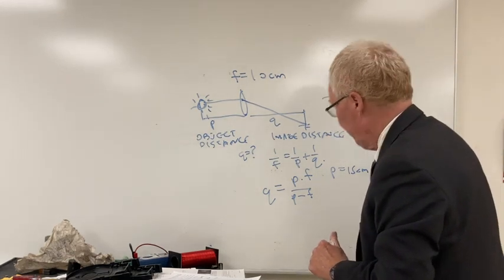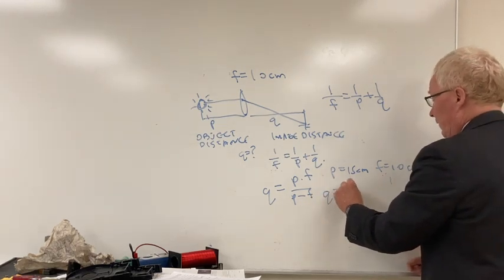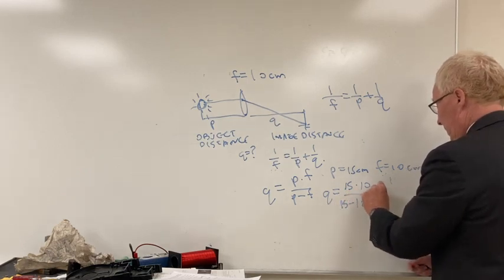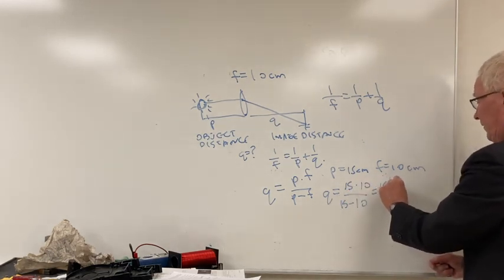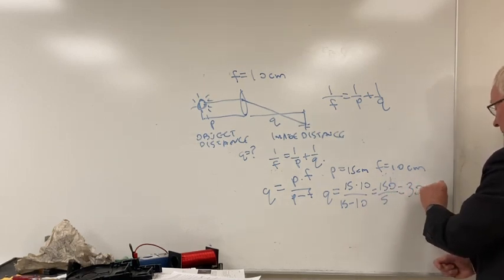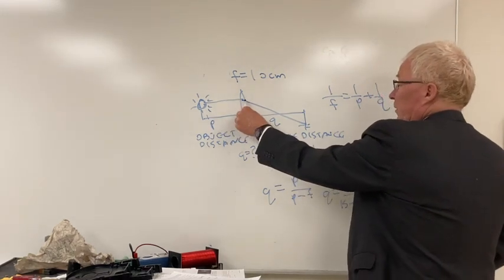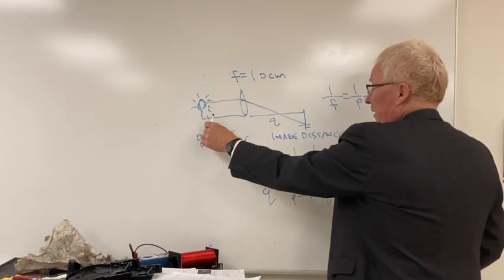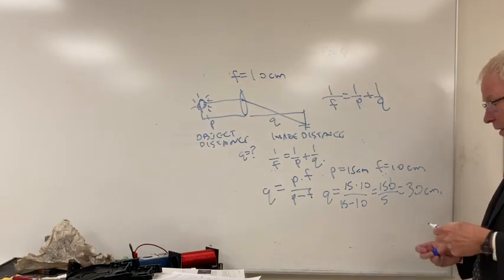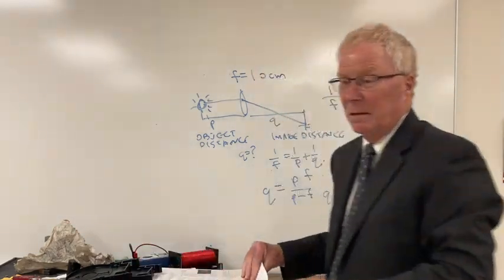Then Q would be 15 times 10 over 15 minus 10, which would be 150 over 5, which is 30 centimeters. So with this particular focal length and P being 15 centimeters, the image distance should be 30 centimeters away. That's what we would have for that one. All right?